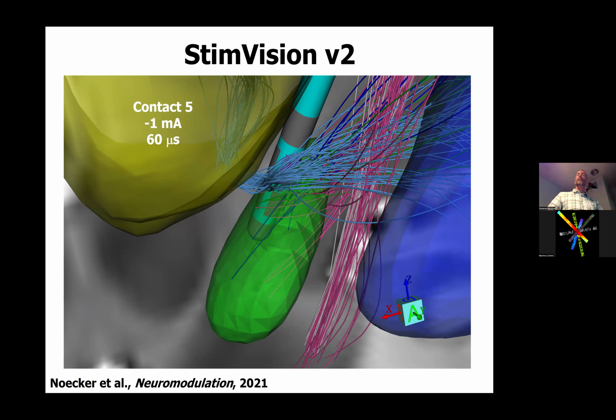Then you've got literally thousands and thousands of patients, right? You could start to build up a statistical probability map of which of these different pathways in the subthalamic region are really the most important for therapeutic benefit.